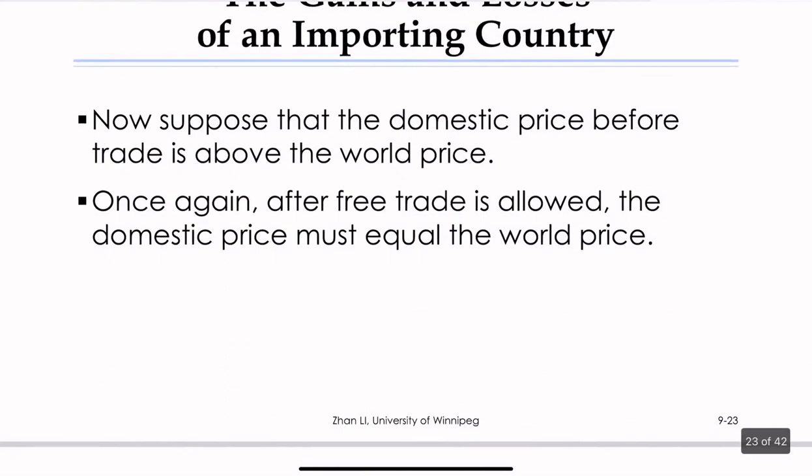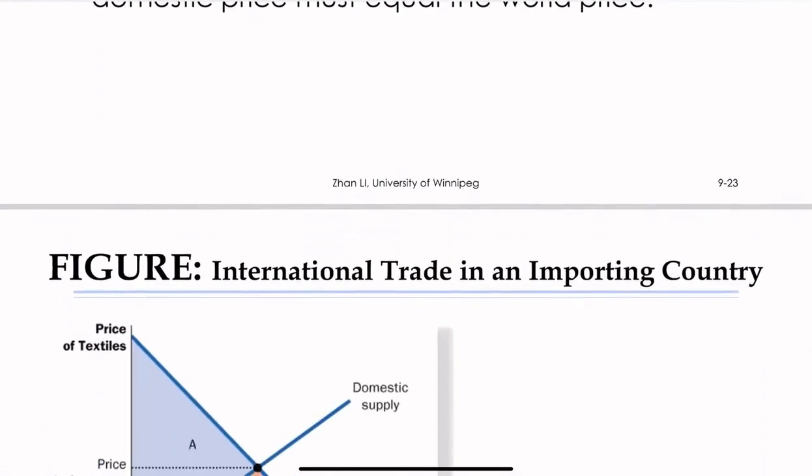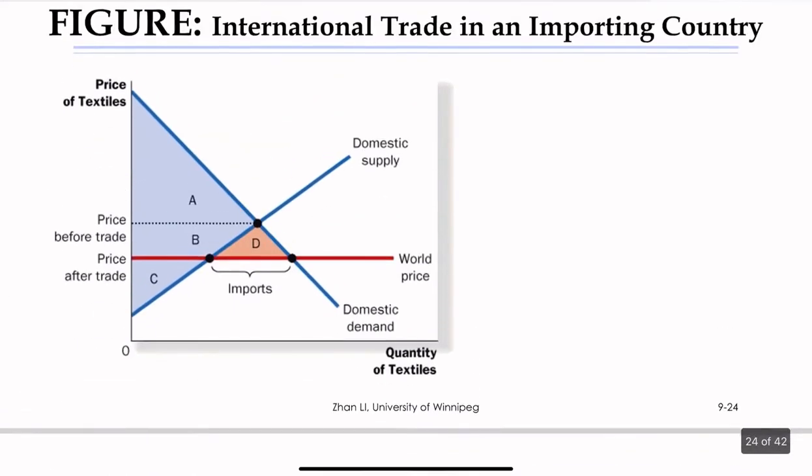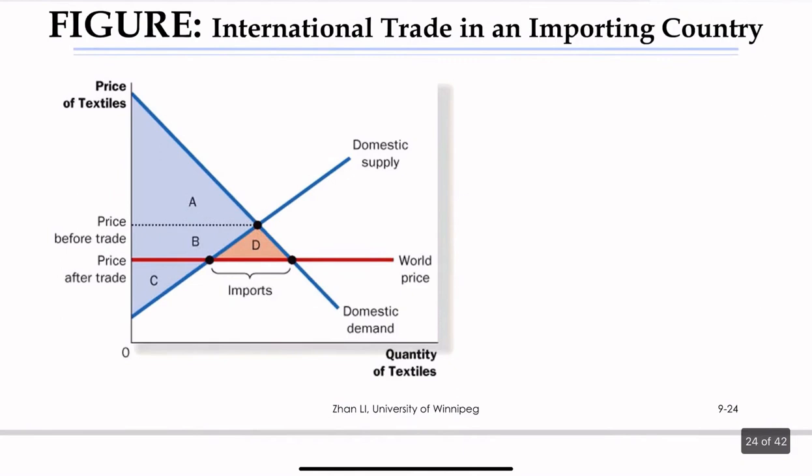Now, let's consider the other case. Let's say the domestic price before trade is actually higher than the world price, right? And what you can see here is if domestic price was higher than the world price, the country will become an importer, right?